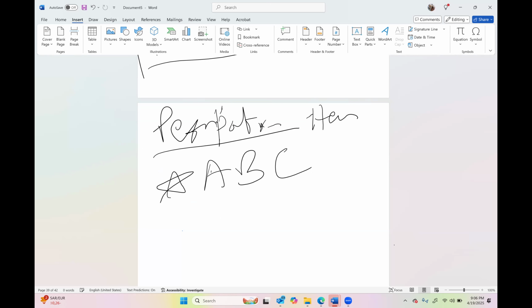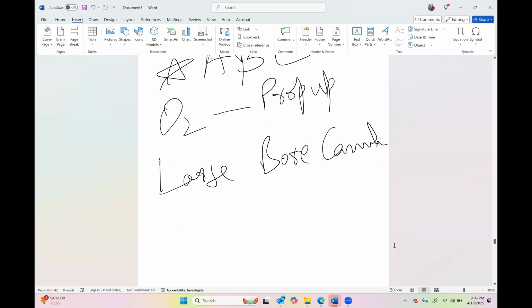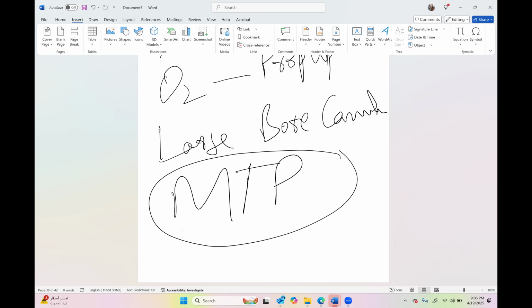Maintaining the airway, maintaining oxygen, getting two large 14 gauge IV lines, checking blood pressure, heart rate, signs of shock, getting a brief history if I can, and activating the massive transfusion protocol. This is the most important thing.